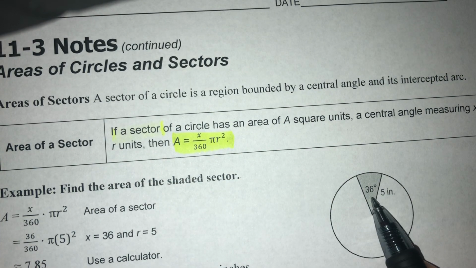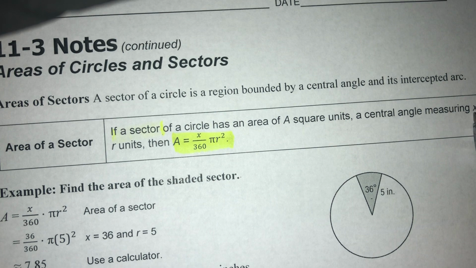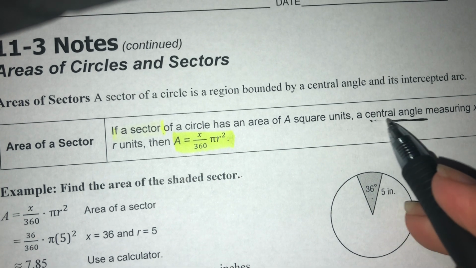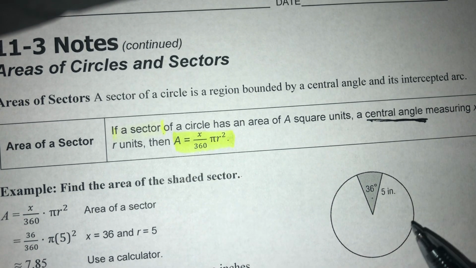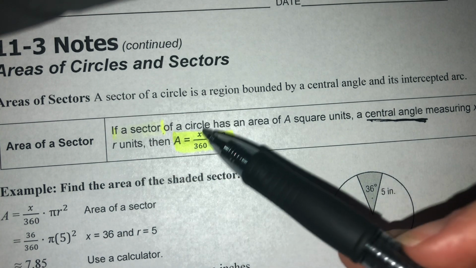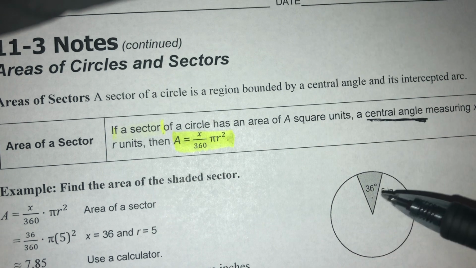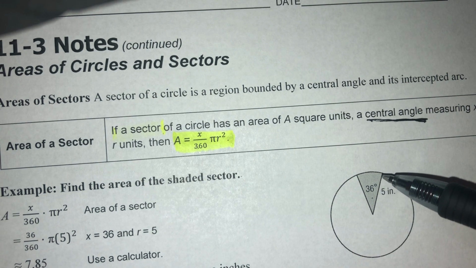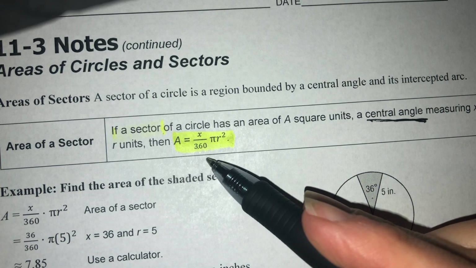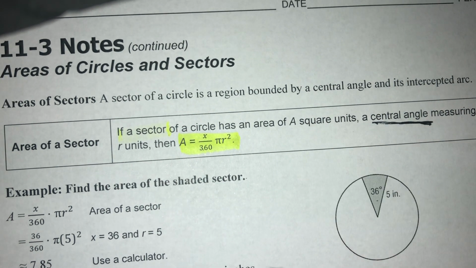X is the degrees, like this is 36 degrees, of your central angle. And 360, of course, is how many degrees there are in the whole circle. So it's like we're taking a fraction of the whole area, the number of degrees of our shaded area over the total, 360. So that's how we find the area of a sector formula.